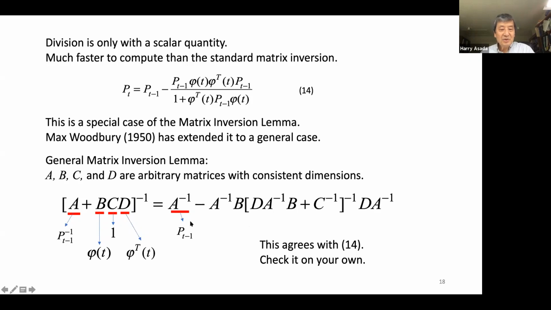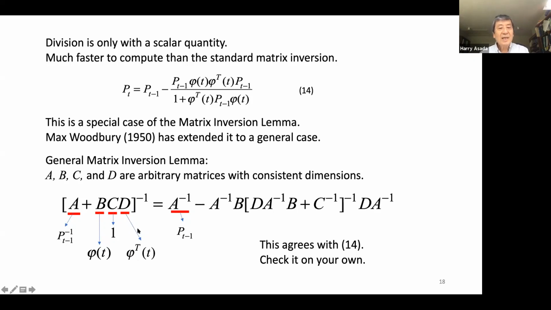If you substitute P_{t-1} inverse for A, so A is actually P_{t-1} inverse, you get basically the same equations. You can check it on your own. Now, in our case, B is V, C is 1, and D is phi transpose.